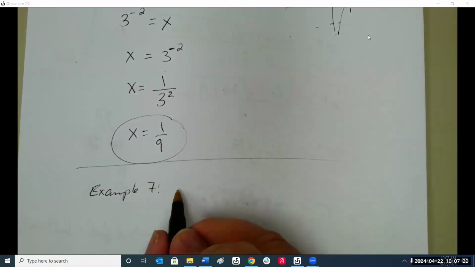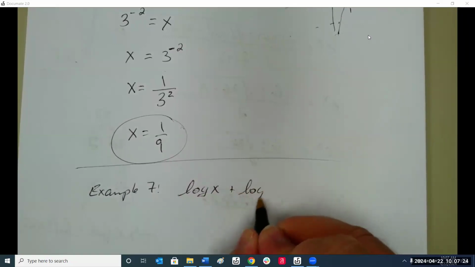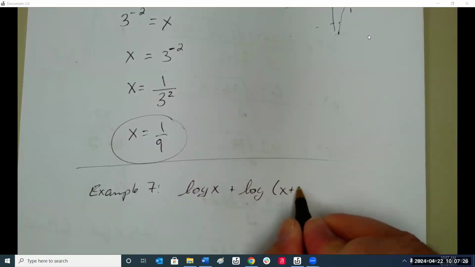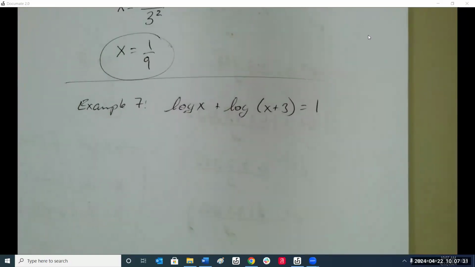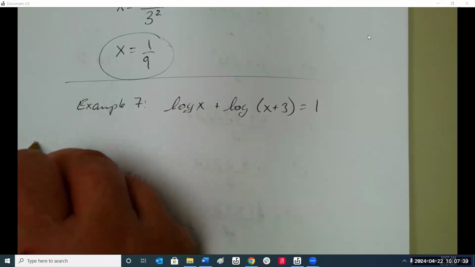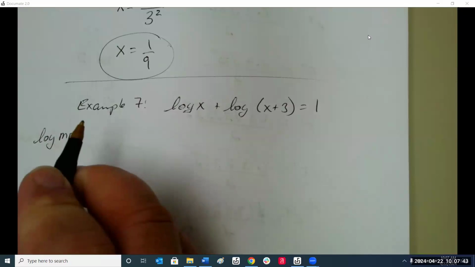Example 7. Log x plus log x plus 3 is equal to 1. Again, these are using the properties of logarithms. What property is this one using? The multiplication, the product, right?